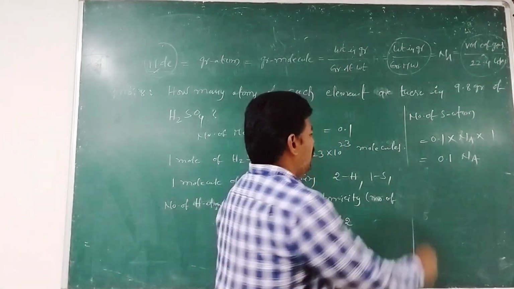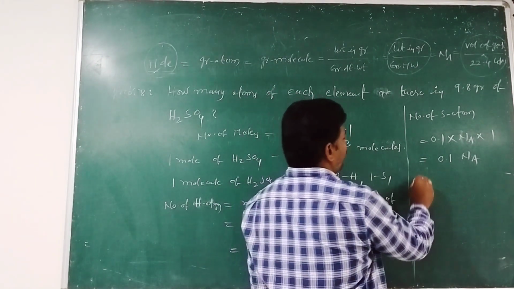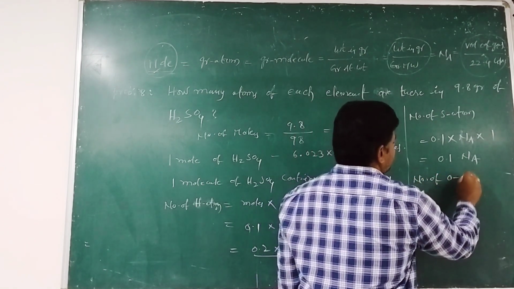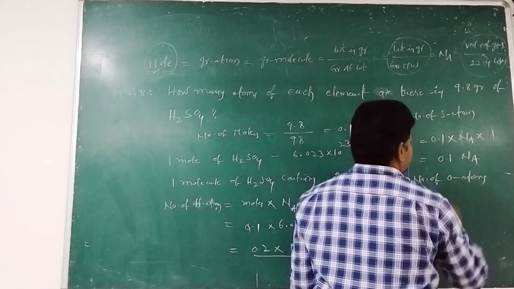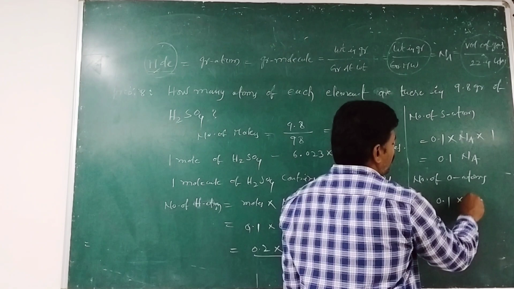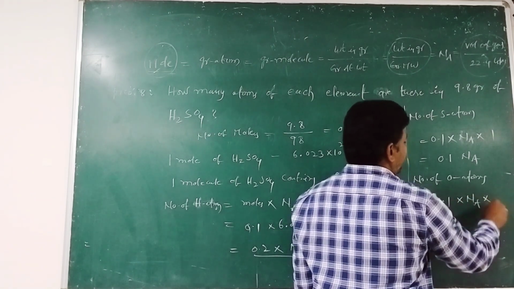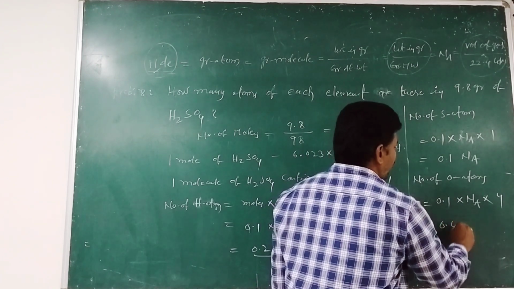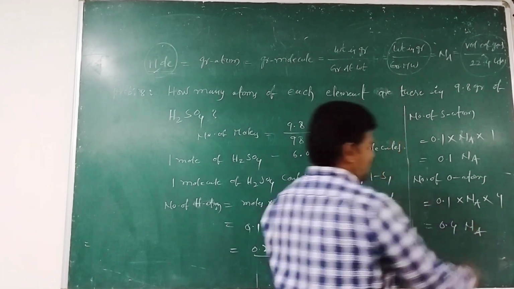Next, the number of oxygen atoms equals how many moles? 0.1 mole into Avogadro's constant into 4. That is 0.4 into Avogadro's constant.